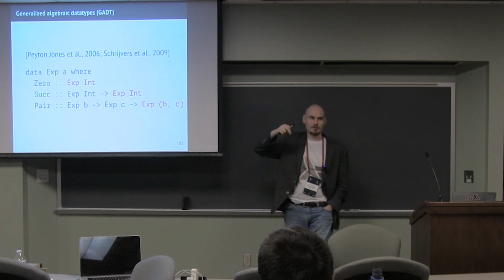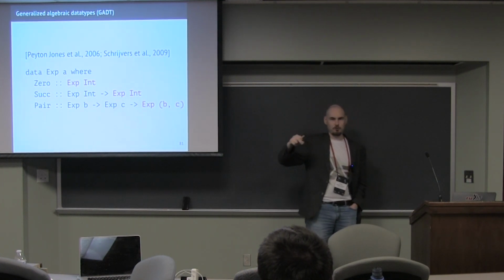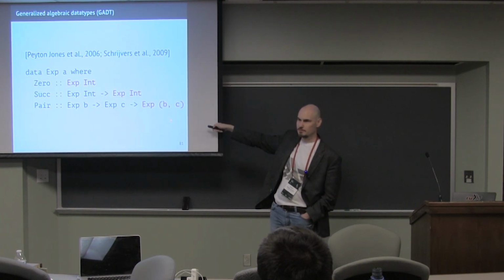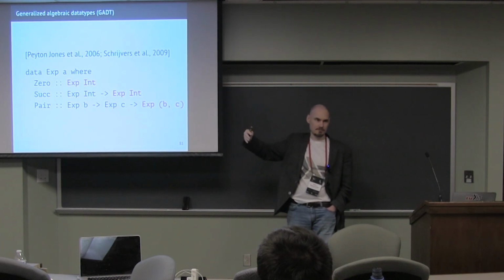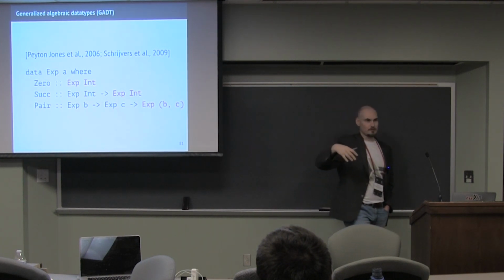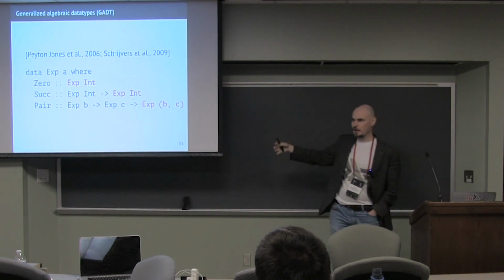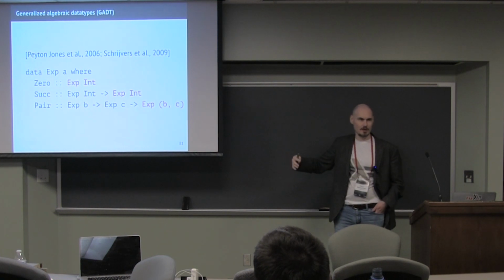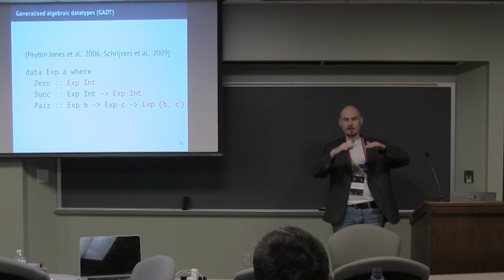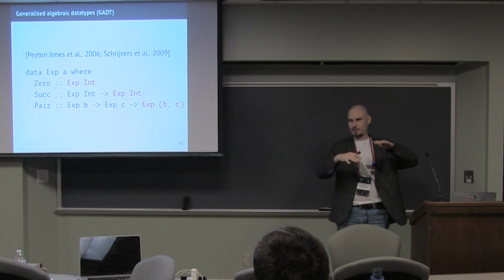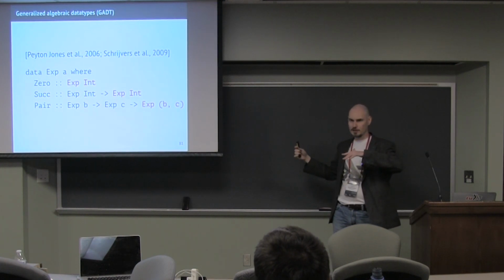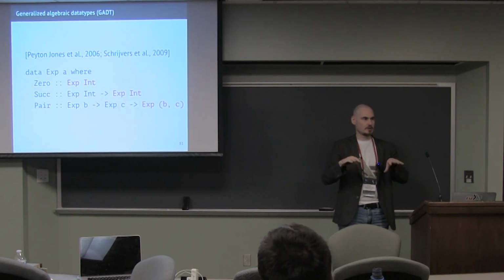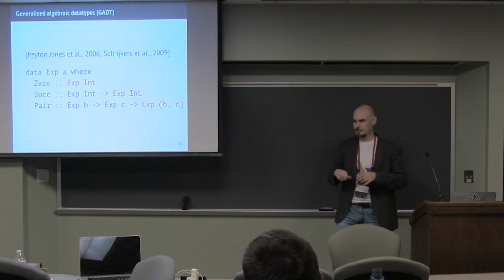In usual algebraic data types, you are forced to have the same type for every data constructor. For example, in Maybe A, you have Nothing of type Maybe A, and you have just Something of type Maybe A. It's impossible to have one data constructor with result Maybe A, and another Maybe Int, and something like that. But generalized algebraic data types allow you to use different types there.